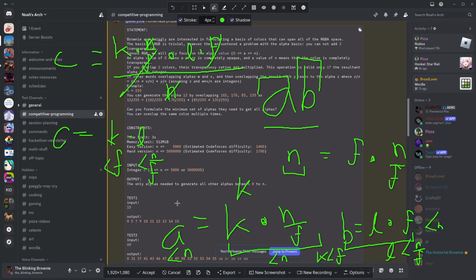So how fast is this idea? Well, how many factors f are there of n? That's just the number of divisors function. I'll write that as d of n.